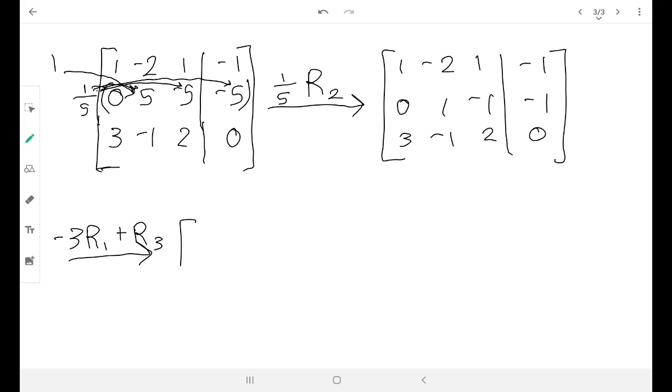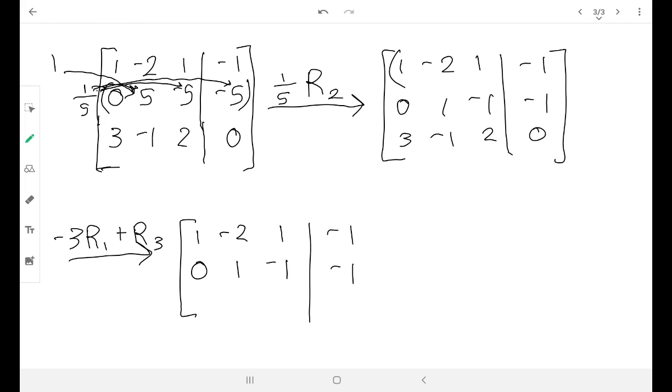And what happens if I do that is, again, these rows are not going to change. Essentially, I'm going to do something to row 1 and then immediately undo it. So I'm not going to write anything different for row 1. Row 2 I'm not even looking at yet. And then row 3 is the one that starts to change.